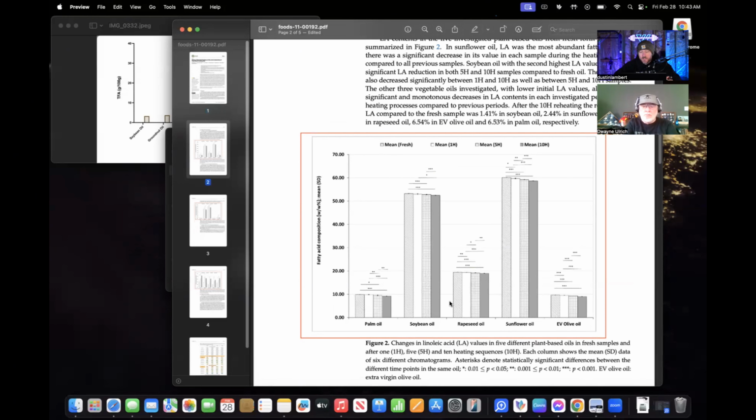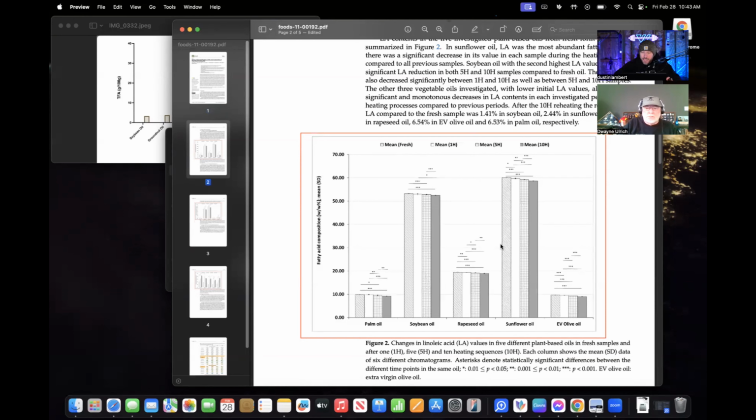They heated these to 180 degrees, I believe, held it there for, I forget how much time, and then repeated that process one time, 5 times, or 10 times.